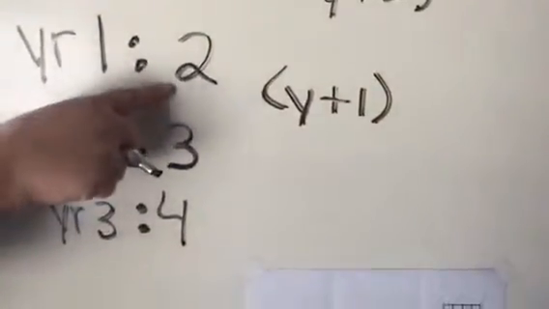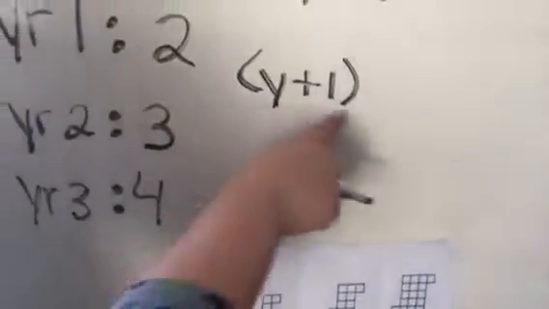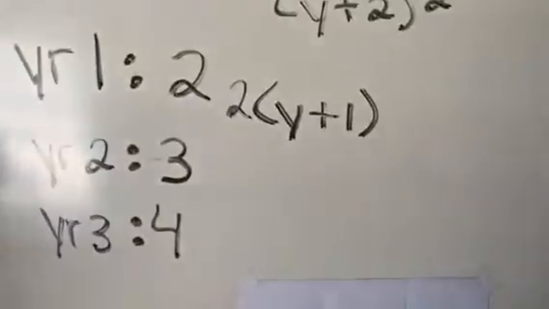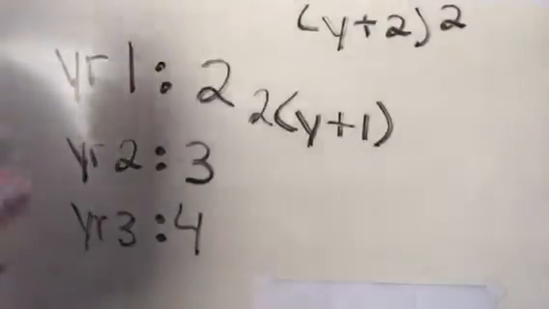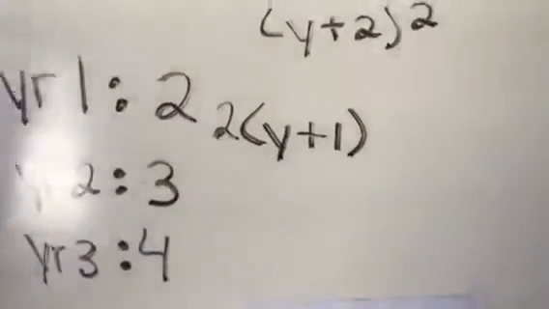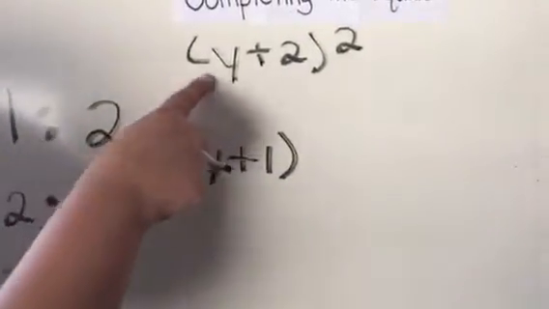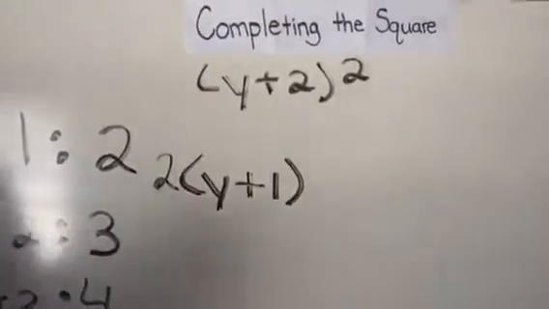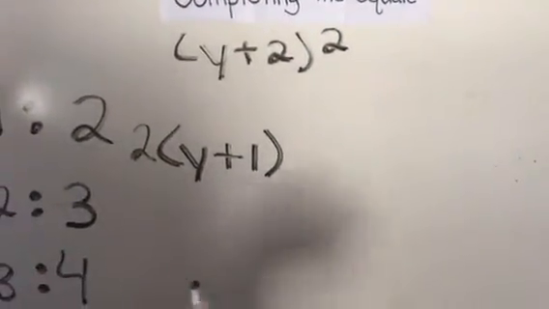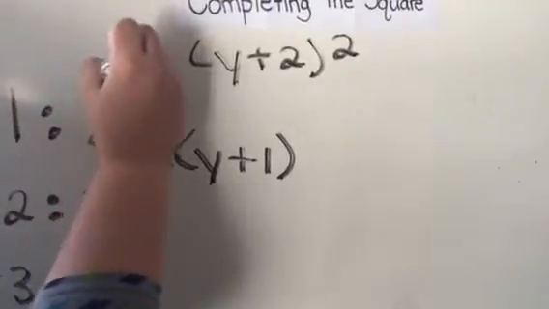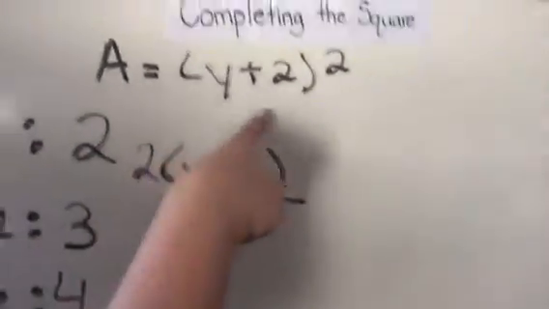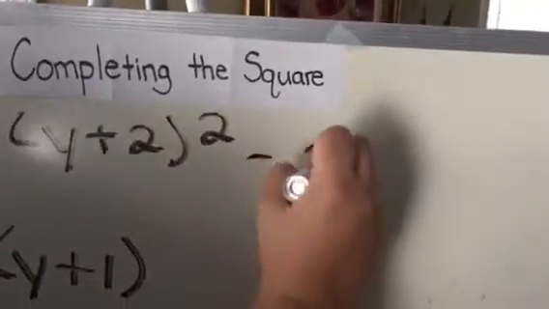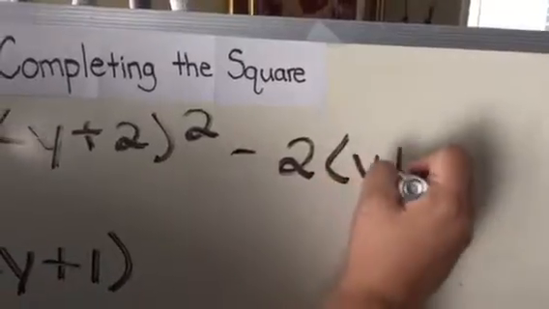Because that is only accounting for one section, we must multiply this by 2. There were 2 sections that were added. Since we added those at the beginning, we must now subtract them from our area found initially to find the total area for the garden. Therefore, our equation would be area equals y plus 2 squared minus 2 times y plus 1.